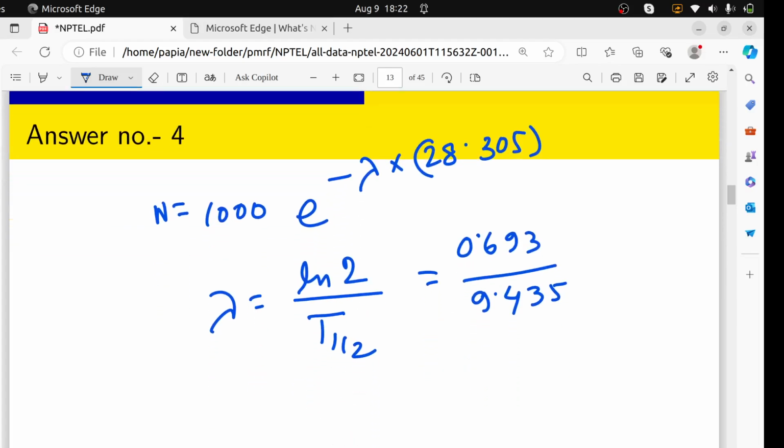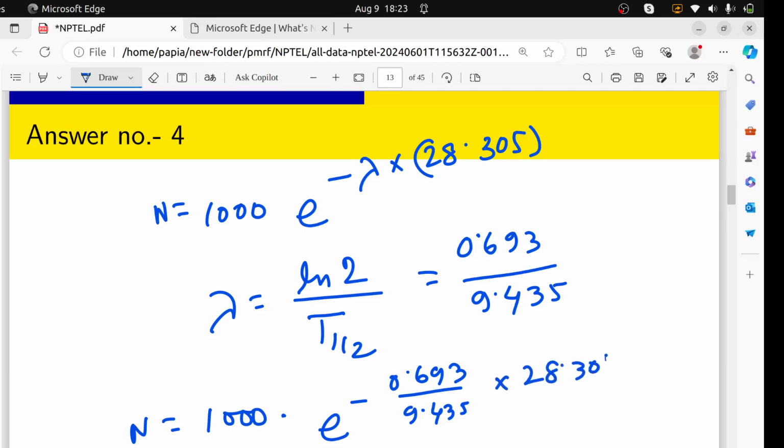So our N is 1000 into e to the power minus 0.693 divided by 9.435 into 28.305. Now we need to just calculate that: 0.693 divided by 9.435 into 28.305.